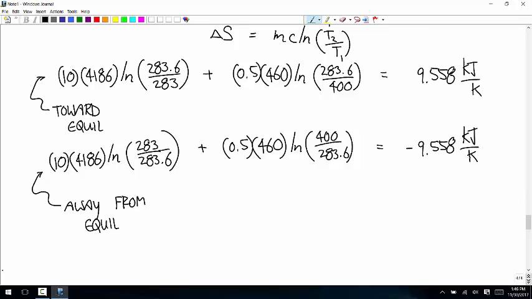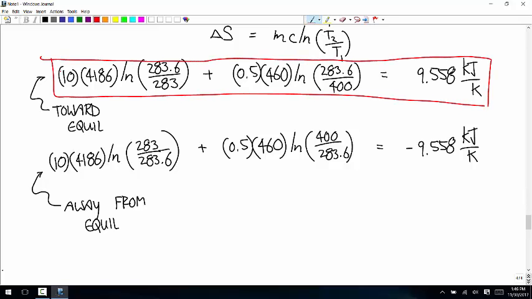So if you have this thing happening spontaneously in an isolated environment, then you know it goes from those different temperatures to equilibrium, and that can't happen. Any questions? Okay, that's it.